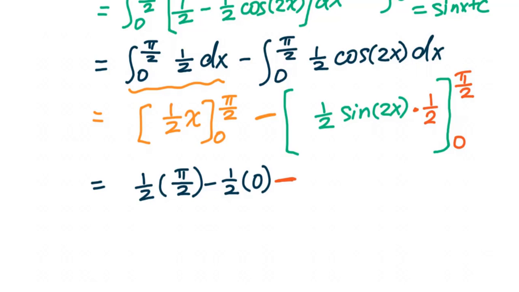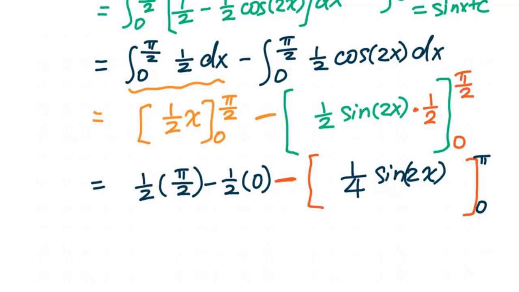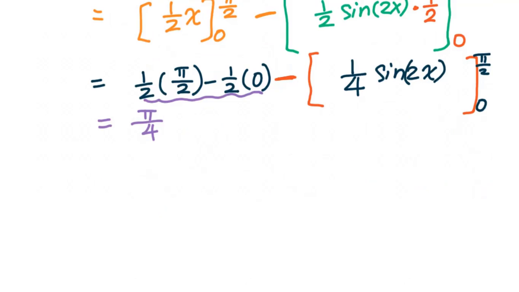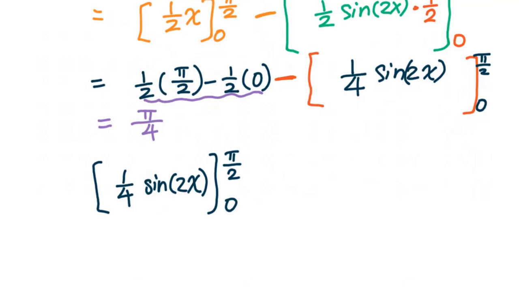Then minus, we still do bracket here. 1 over 4 sine 2x from 0 to pi over 2. So here we get pi over 4 for the first part. For the second part, let's move over here.